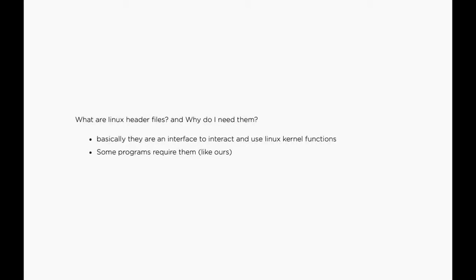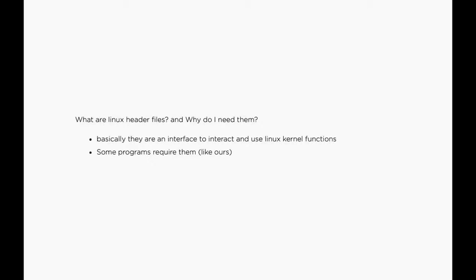So we can use kernel functions like the init modules and stuff like that. You're able to use a lot of the functions usually reserved only for kernel space, which is the main advantage of what we have right now.